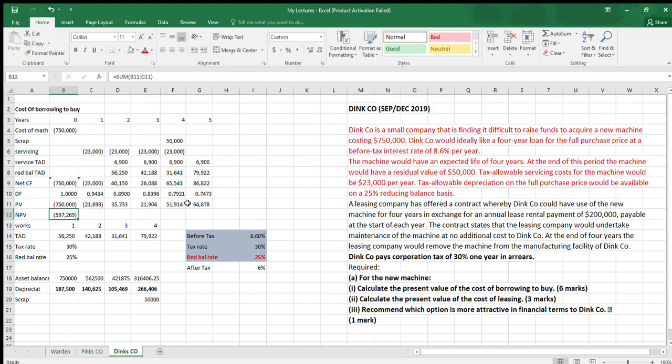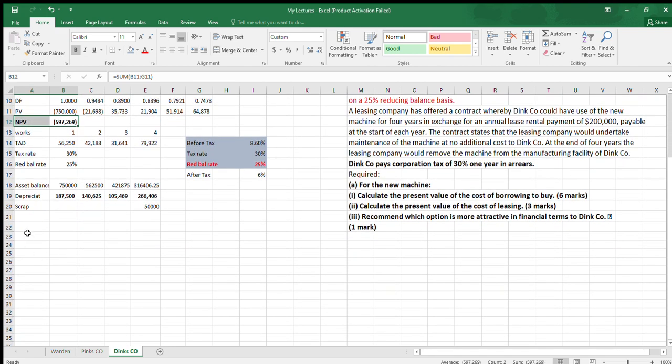This is your NPV, that is 597,269. That's the NPV for the borrowing.